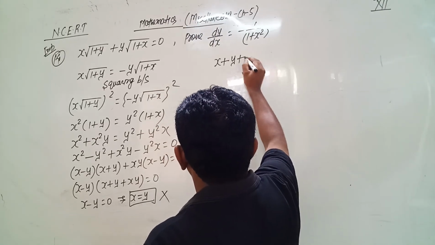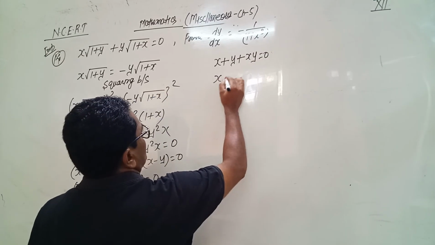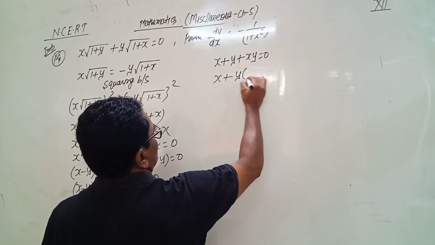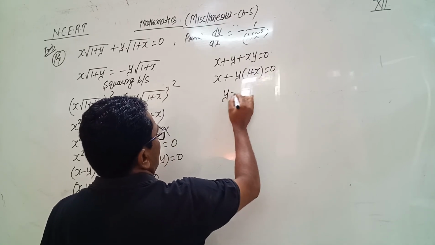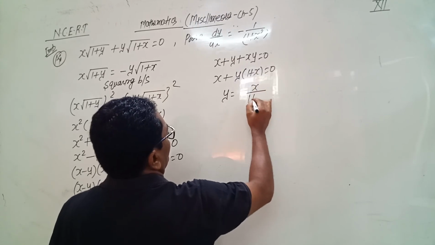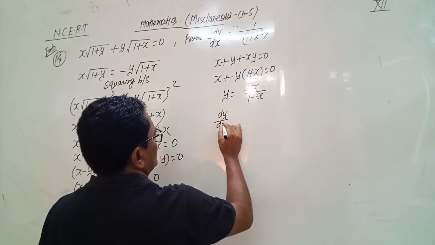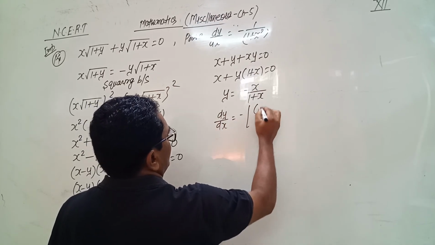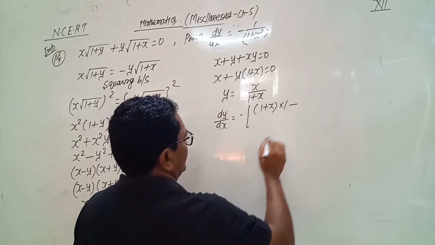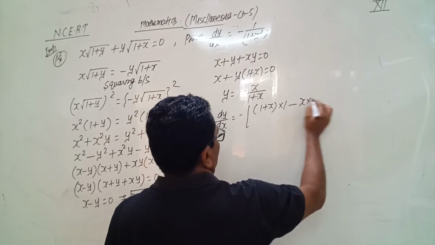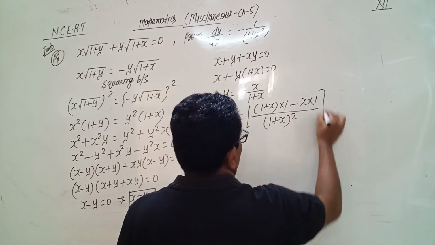It means x plus y plus xy equals 0. From these two terms taking y as common, we get y(1 plus x) equals minus x, so y equals minus x upon 1 plus x. Now we differentiate. dy by dx equals minus, outside 1 plus x as it is, differentiation of x is 1, minus x as it is, differentiation of 1 plus x is 1, upon (1 plus x) the whole square.